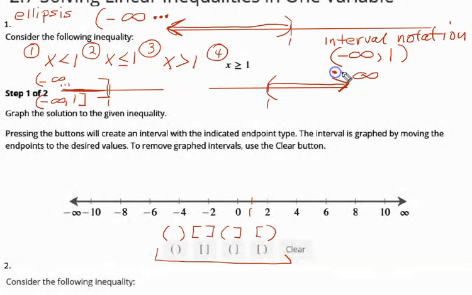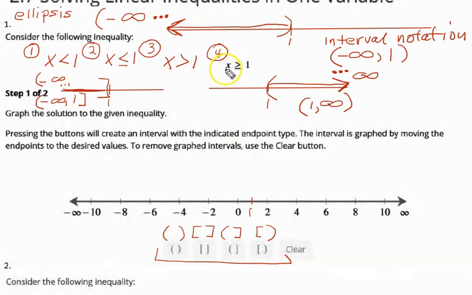And again, in our software, they use the ellipsis. But to put this one in interval notation, it's going to be a parenthesis, a 1, comma, and then positive infinity with a parenthesis. So which one of these would you use to put on your software? Again, it would be the 2 parentheses.